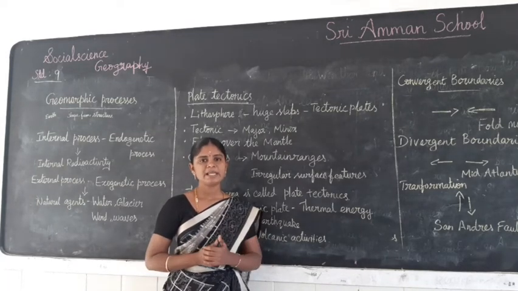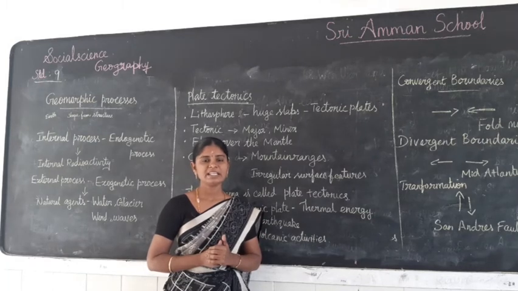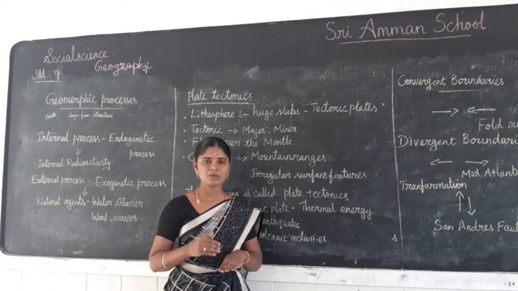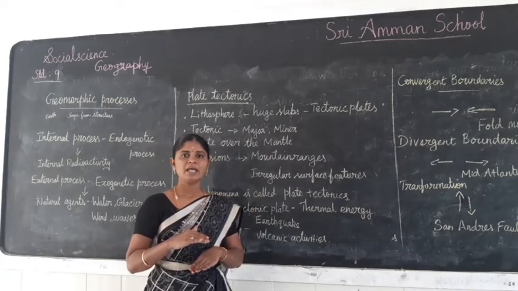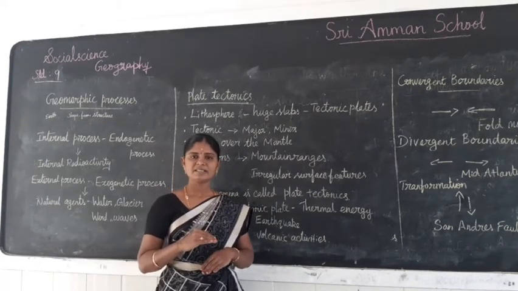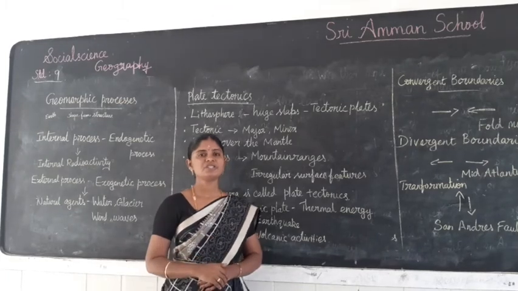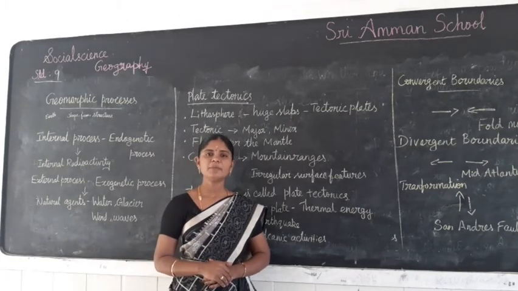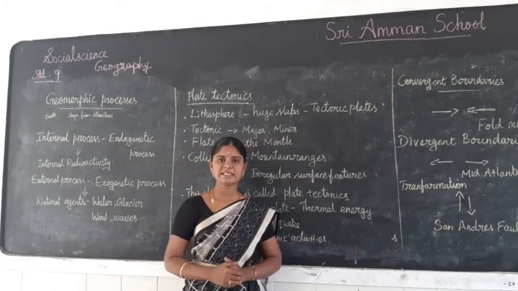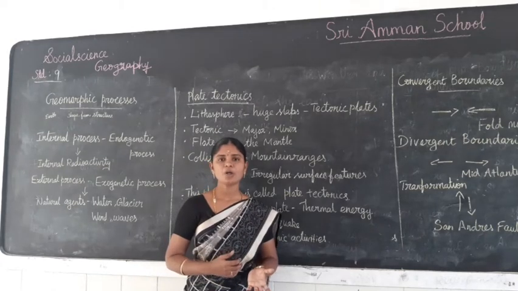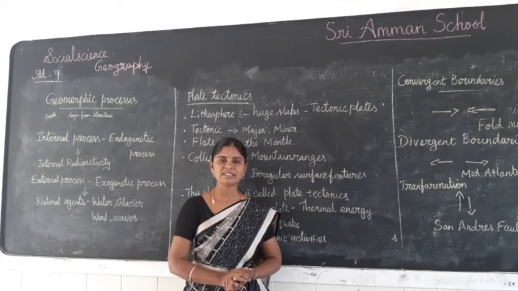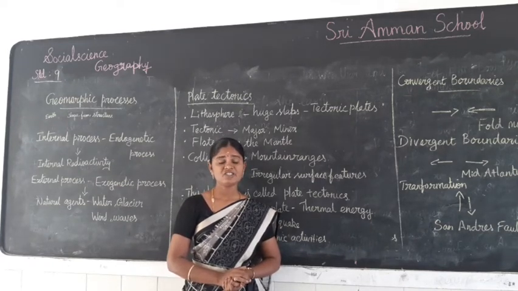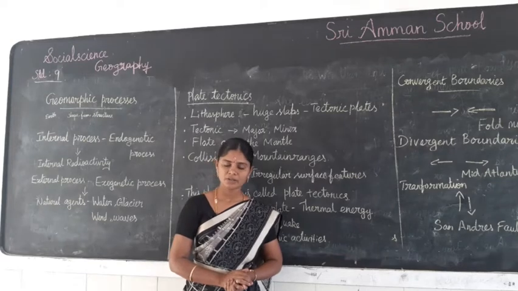The oceanic plate is denser, so it sinks under the continental plate. Due to the pressure, the heat melts the rocks. The melted rocks raise volcanic mountains on the edges of the continental plate. Do you understand?